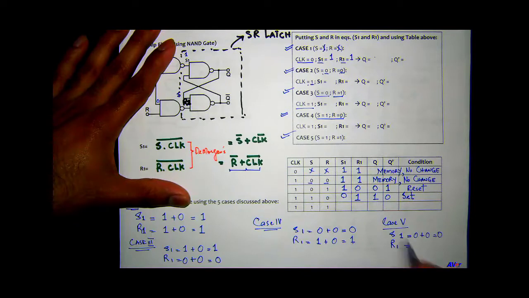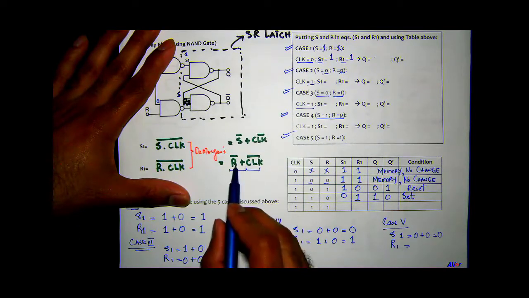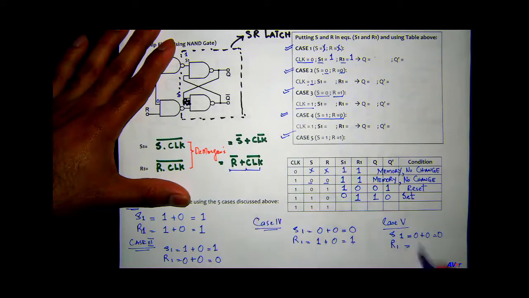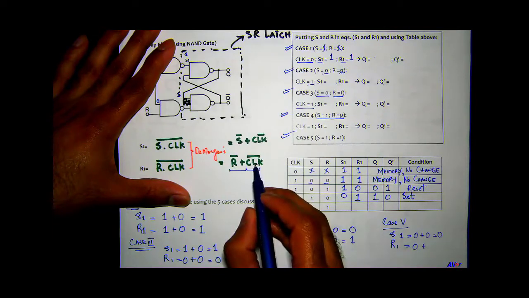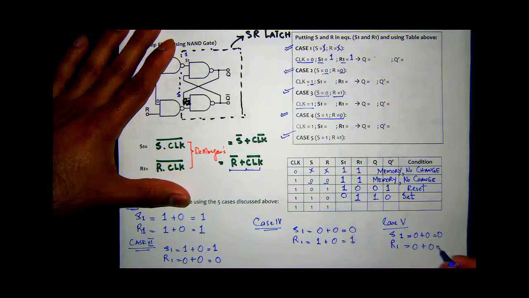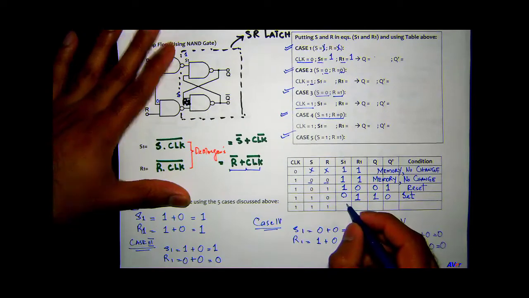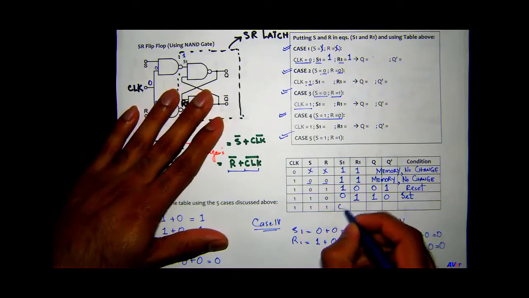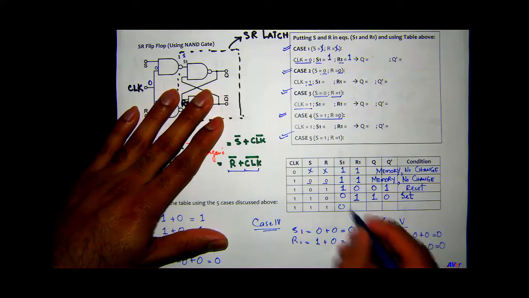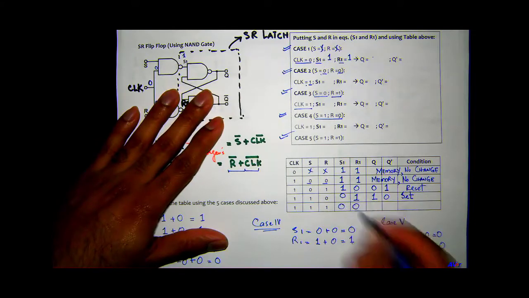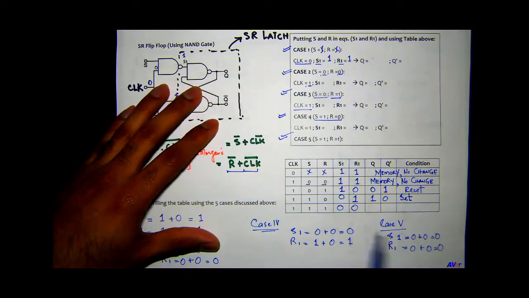R1 is going to be R bar plus clock bar. R is 1, so that would be 0. Clock is 1, invert of that would be 0, so we get 0. Okay, S1 is 0, R1 is 0.